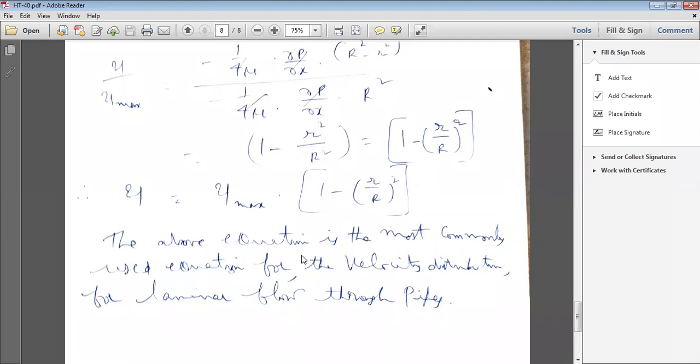Next, second topic, internal flows: tube flow, pipeline flow. Here also there is a velocity distribution and a temperature distribution inside the flow: how the velocity varies, how the temperature varies, and what the equation for velocity is. So internal flows are also important.